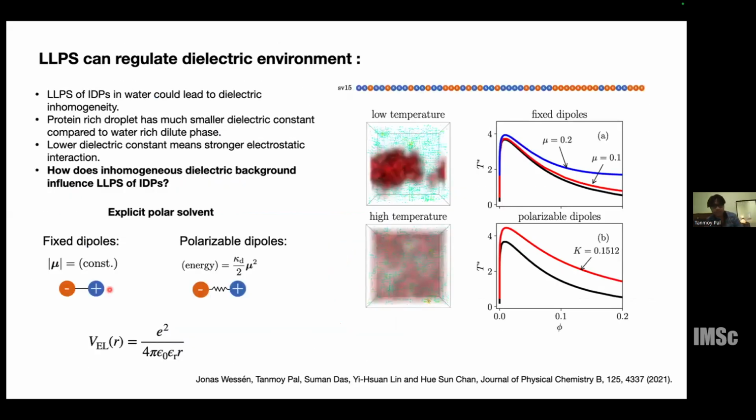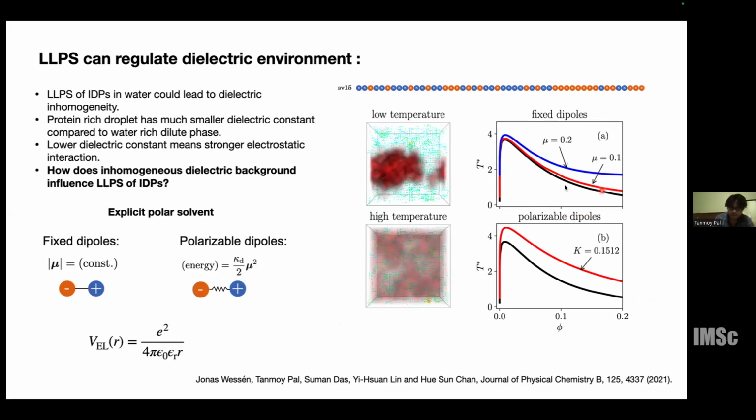Another effect of LLPS would be regulating the dielectric environment. Once the system phase separates, we have a highly concentrated region of proteins which have a very low dielectric constant compared to outside where we have water. So a low dielectric constant means high strength of electrostatics, but does this affect LLPS? So it does actually.